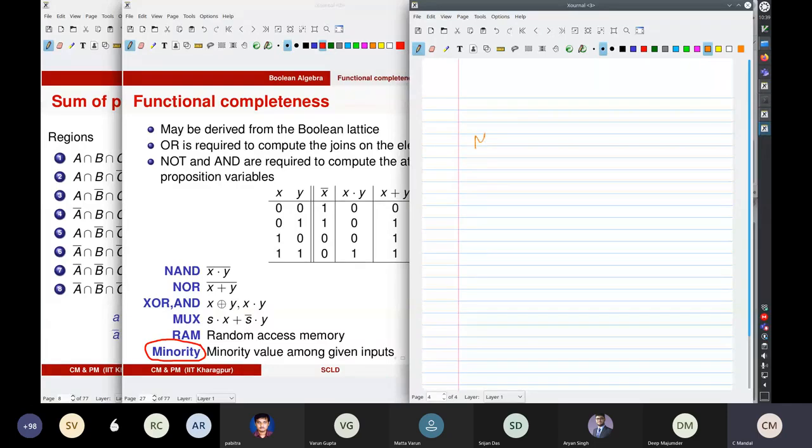Consider two functions, the minority function and also the majority function, and consider their functional completeness.